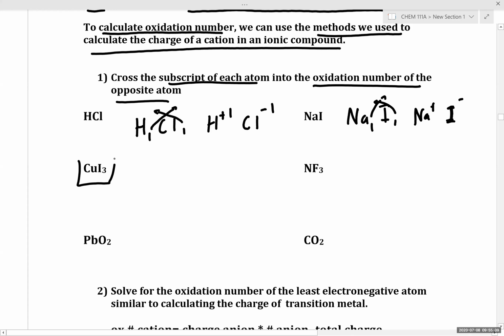For copper 3 iodide, what would you expect the oxidation number of copper and iodine to be? What's the oxidation number of copper using this method? Don't be shy to share your responses in the chat. What is the oxidation number of copper? +3, yep. And iodide has an oxidation number of -1.